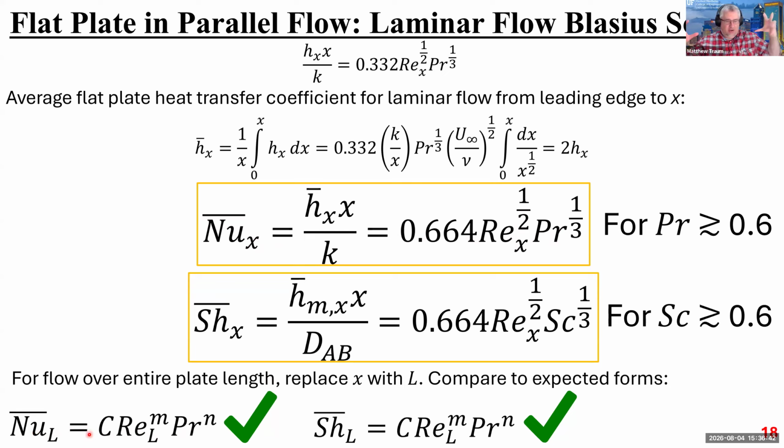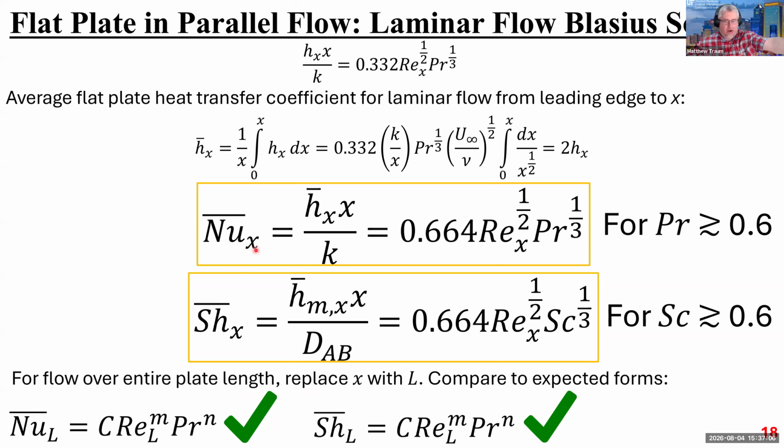You know you're in a good place when you basically get the same answer by attacking the problem from multiple different ways. These relationships came from Buckingham Pi, and these came from the Blasius solution, and they agree with each other. So awesome. Okay. I will mention that for flow over the entire plate, this is some X value, so it doesn't have to be the whole plate.